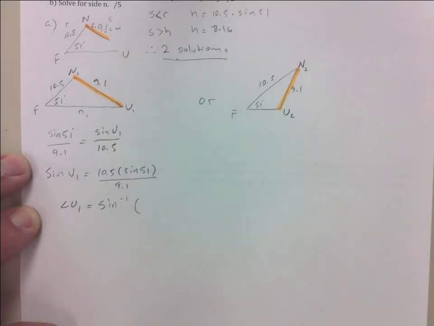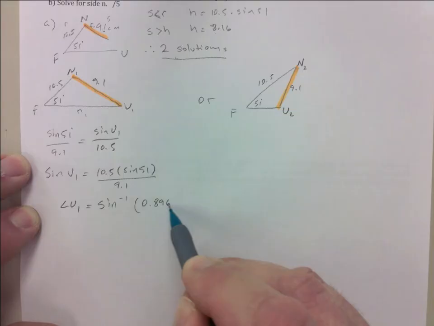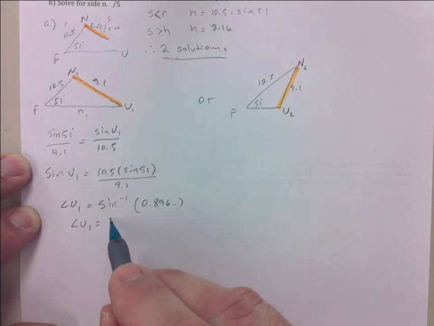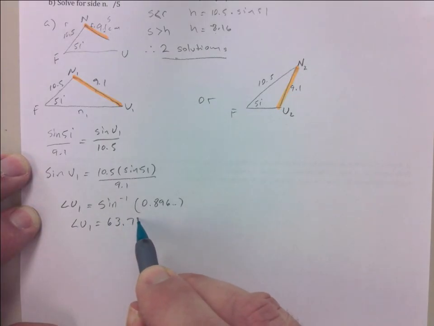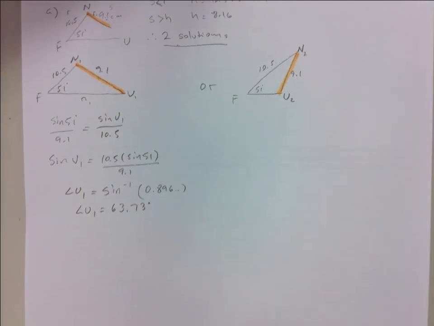Bear with me a second here. Sine of 51. Okay, so angle U1 is 63.73 degrees. So that's one possible answer for angle U.